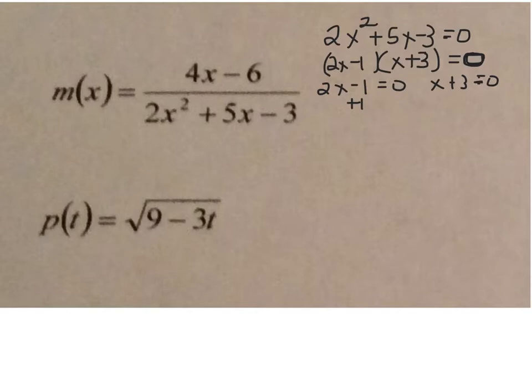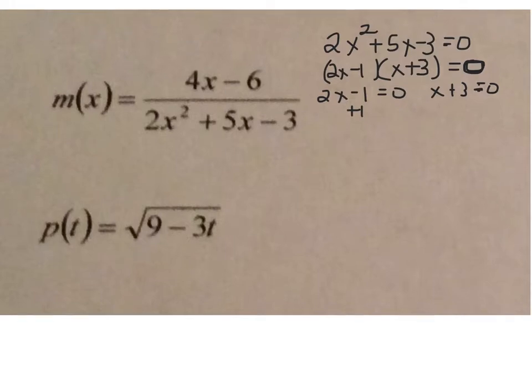So if I add 1 to both sides here, then I'm going to have 2x is equal to 1. And if I divide by 2, I'm going to have x is equal to 1/2.